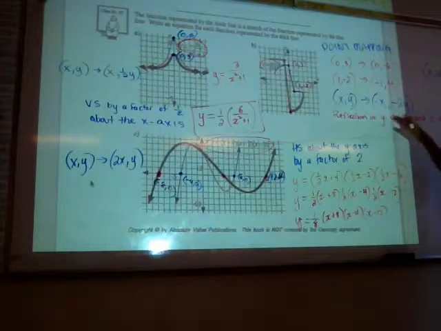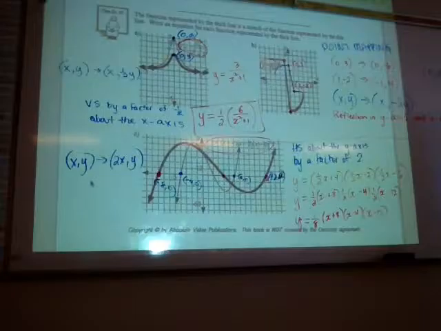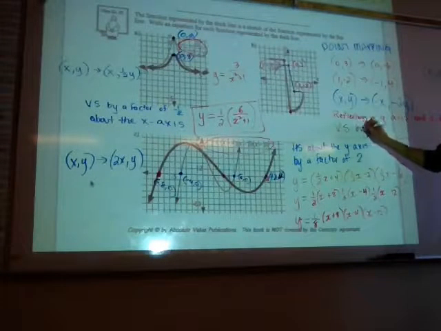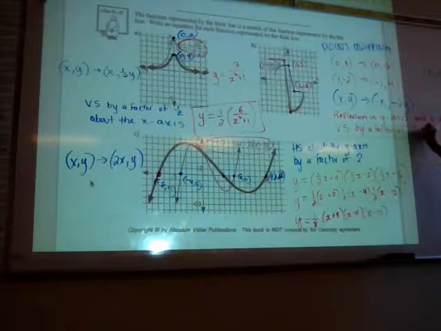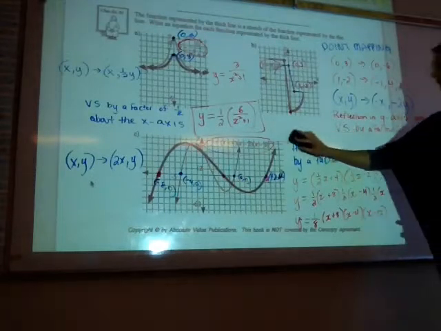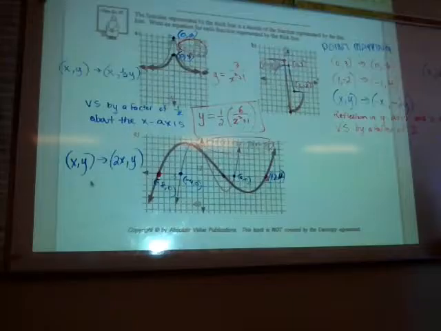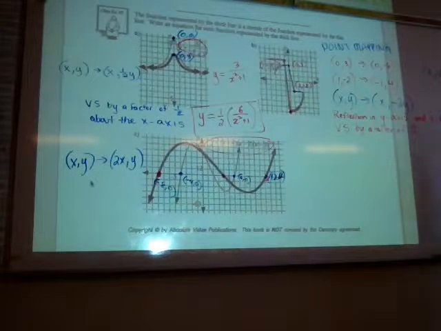Okay, so there's a reflection in the y-axis and x-axis. And is there a stretch on y? Okay, yep, so there's a vertical stretch by a factor of 2. So we have 2 reflections and a vertical stretch by a factor of 2.